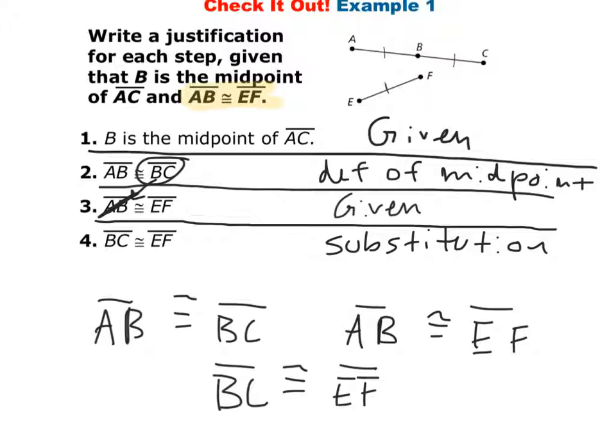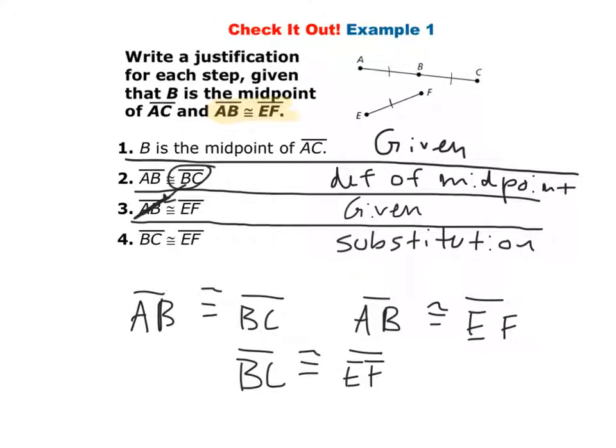Transitive property of congruence. Any questions on this proof?